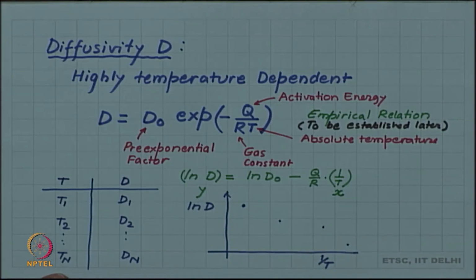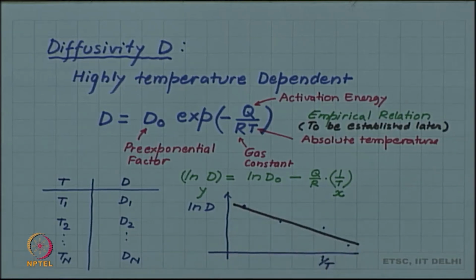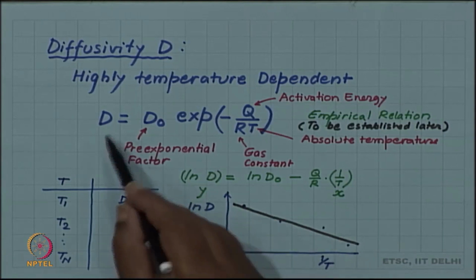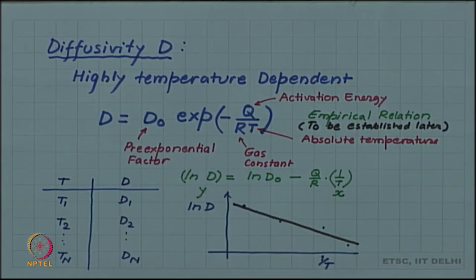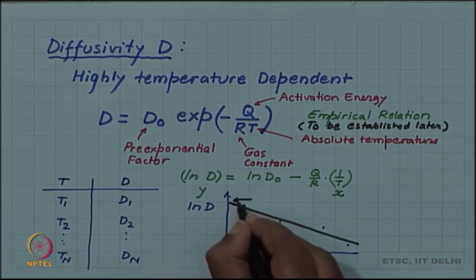Since it is experimental data, all of them may not be exactly on a line, but it should follow a line. So, I should draw a best fit line to get this relationship.